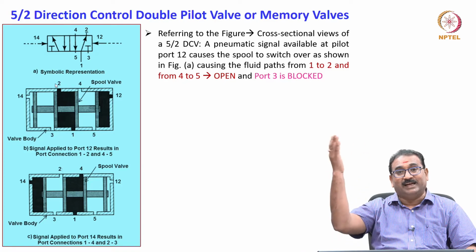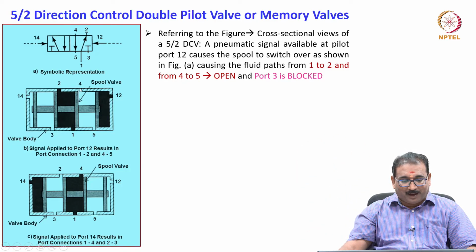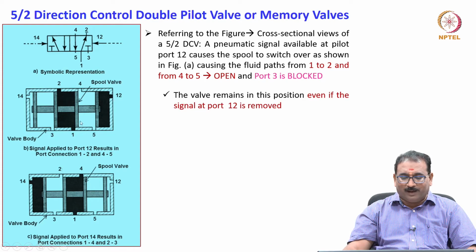Whatever energy is there at the other side will pass from 4 to 5, exhaust. But you will remember, the other side port is blocked, correct? The valve remains in this position even if the signal at port 12 is removed. That is the beauty of this valve. It will switch only when a signal comes from the other side pilot port.